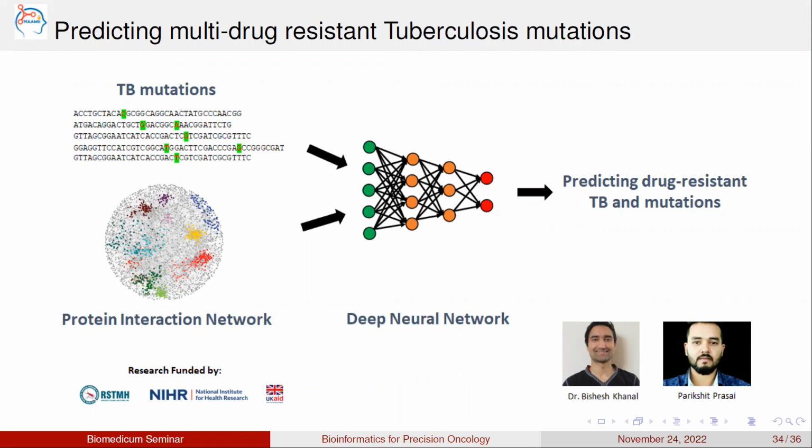This is a collaboration between me and Dr. Bisis Khanal, and we are trying to mine a large cohort of publicly available whole genomes of Mycobacterium tuberculosis to identify different drug-resistant mutations using deep learning techniques.